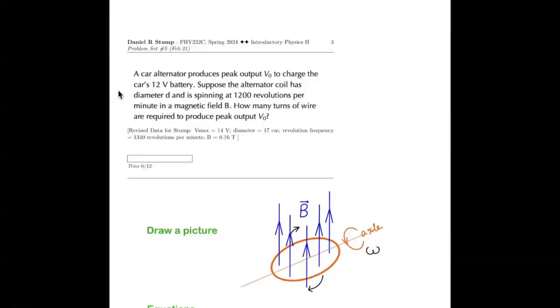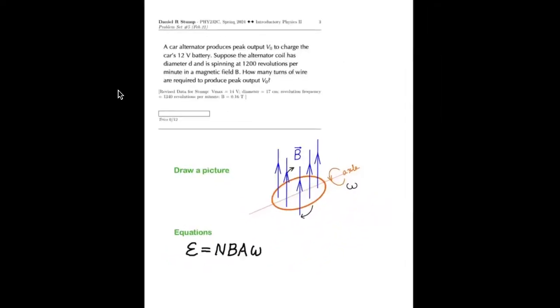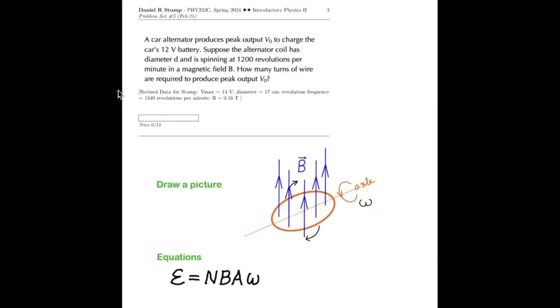Everybody has an electric generator that they carry around with them. It's the alternator in your car. Well, you're too young to have a car, but your parents probably have a car. So every car has an alternator. The alternator goes bad, car won't run. So I suppose every car owner has experienced that.